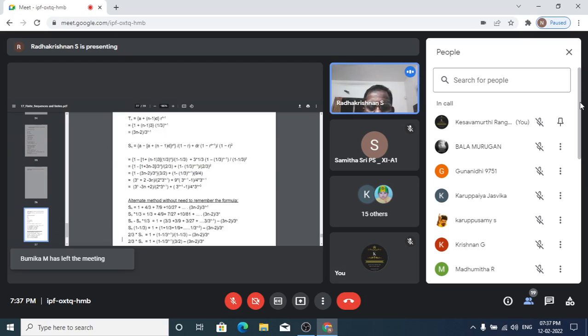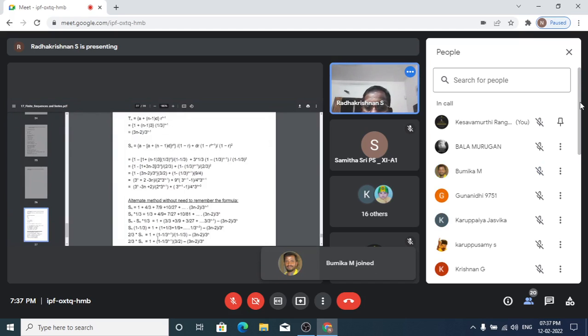So Sn into (1 minus 1 by 3) equals 1 plus 1 by 3 plus 1 by 9 plus and so on up to 1 by 3 power n minus 2, minus the last term as it is. So this is 2 by 3 into Sn equal to 1 plus a geometric progression with n minus 1 terms.